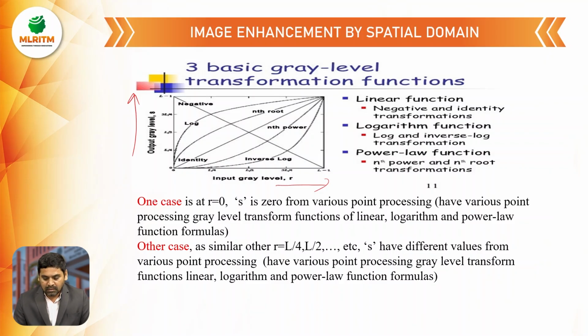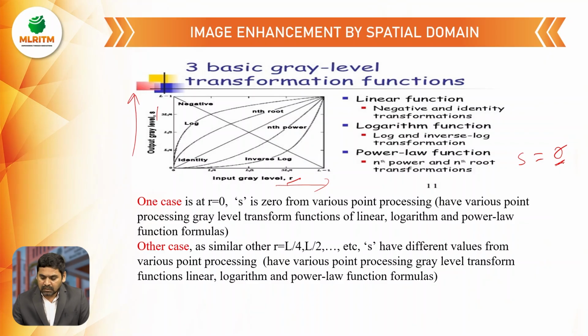Input gray level is represented with R before transforming, and output gray level value is represented by S. Here the relation is only between S and R. R represents before processing, S represents after processing, and our objective is to enhance or make any modification on the R value only.